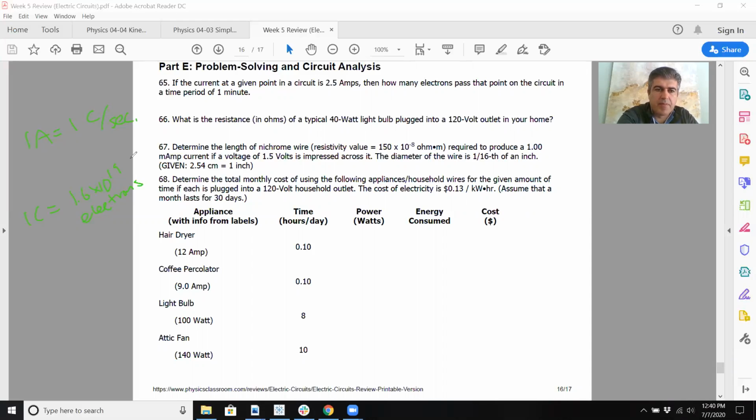Actually, I'm a little off there, I have it the other way around. Yeah, 1 electron equals 1.6 times 10 to the negative 19 coulombs. An electron is very, very tiny. So 1 coulomb, if you were to invert it, is 6.24 times 10 to the 18th electrons.